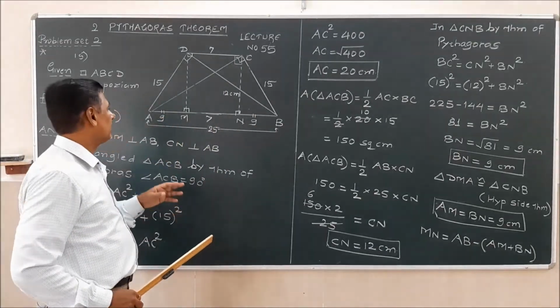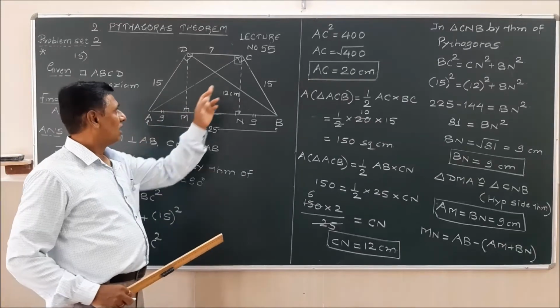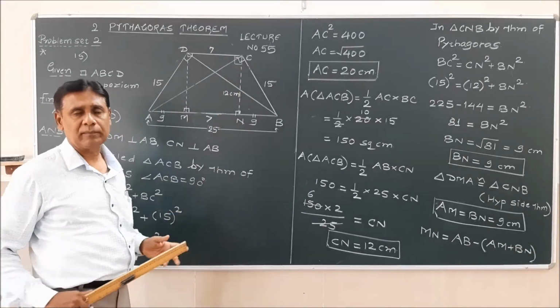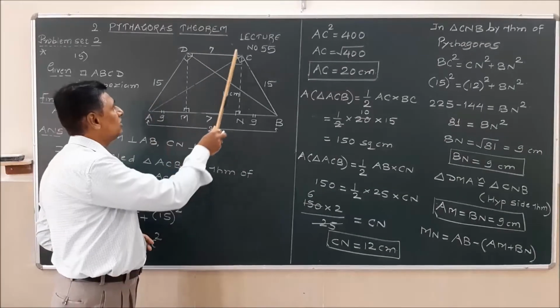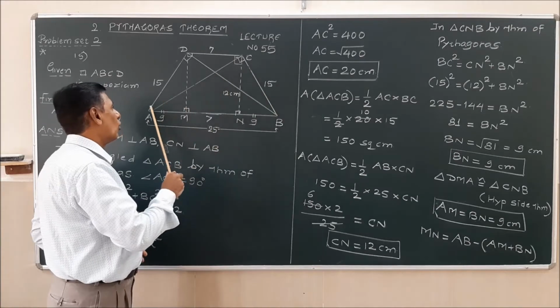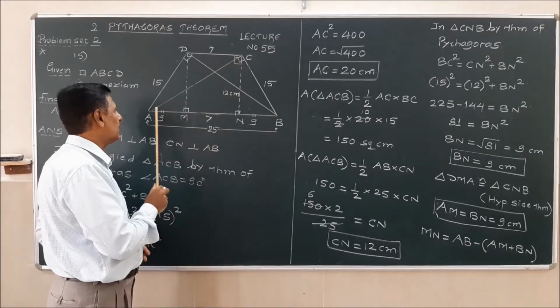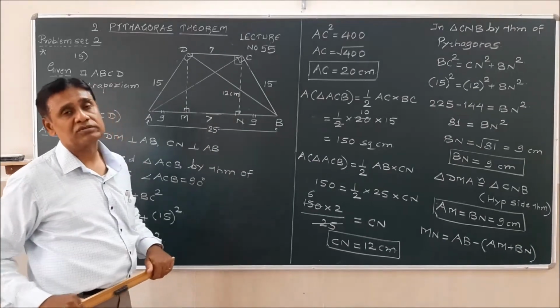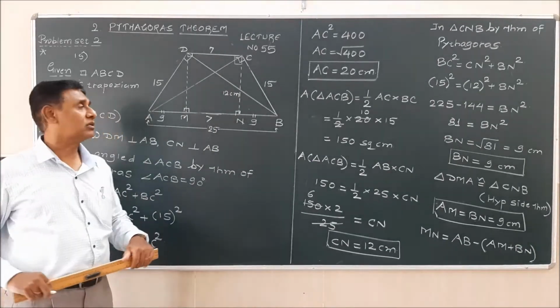Now I am going to find out CN. You will say, how to find CN? Because triangle ACB you can see this way as well as this way. One time you can consider AC as a base and another time you can consider AB as a base. This is very important to understand.